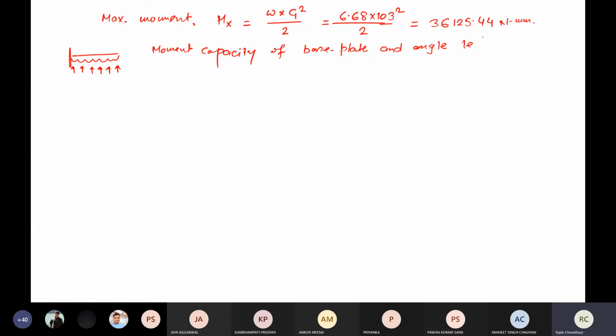Let's consider it is a horizontal leg, combined, would be equated to the MD, which would be equated to 1.2 times, there is one formula, Fy times elastic sectional modulus divided by gamma m naught.